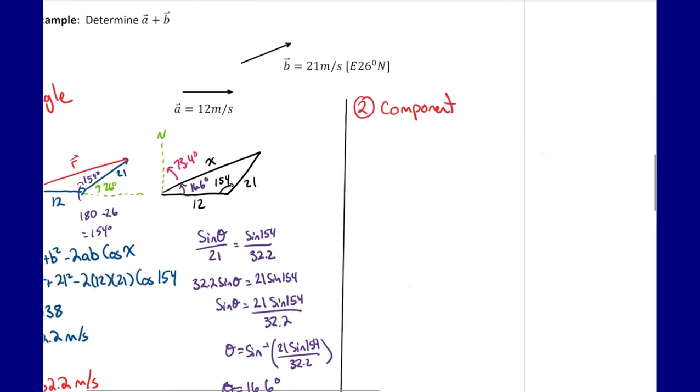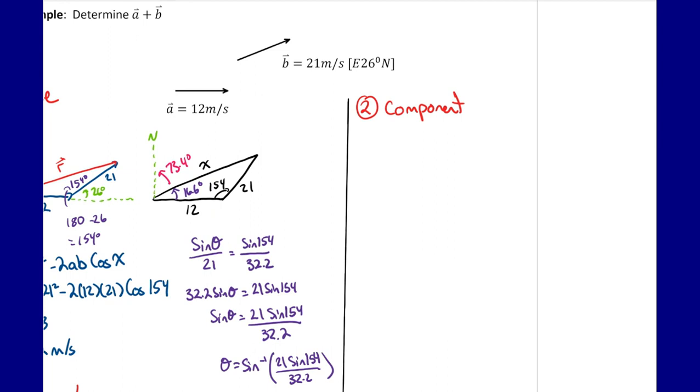So what we're going to do is we're going to look at each vector and we're going to look at the horizontal and vertical components. So for the A vector, that can be broken down into a horizontal component that is basically 12 and a vertical component that is 0.